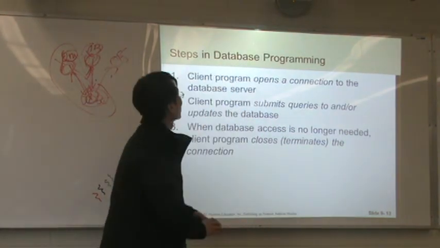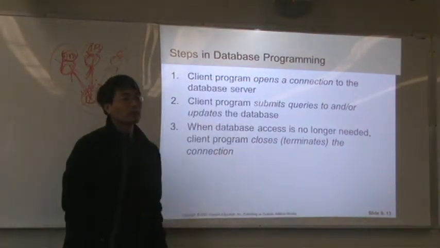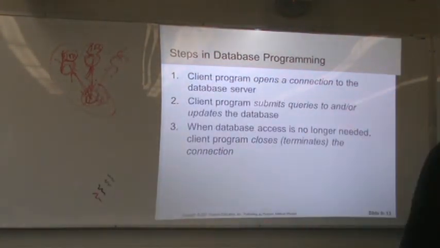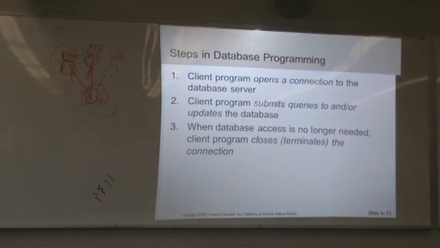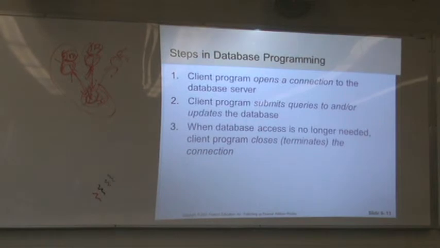So any database programming requires a connection and an end of connection, because the DBMS has its own authentication. In other words, the username and password that you use. Because this is database software running on an operating system, there are two ways for authentication. One is you can use operating system authentication.